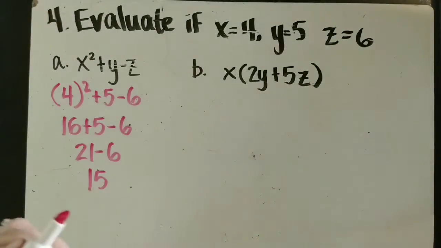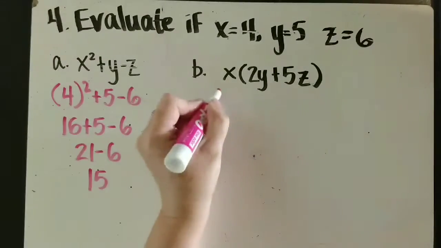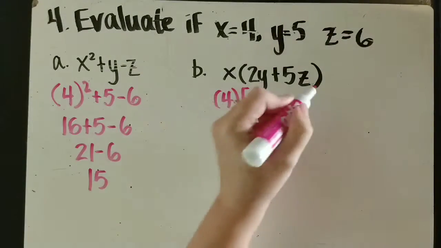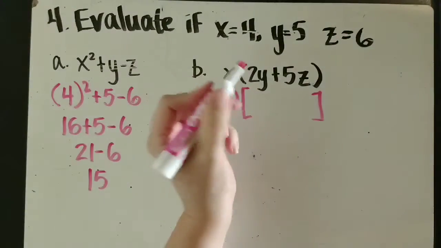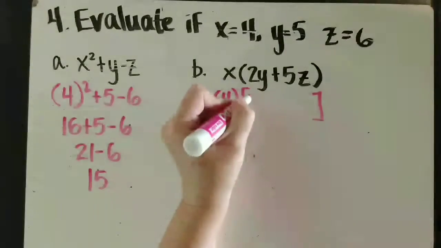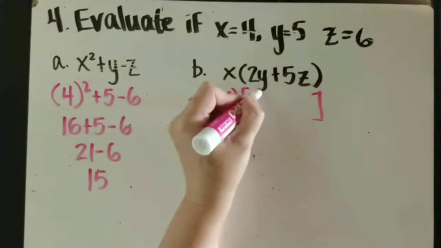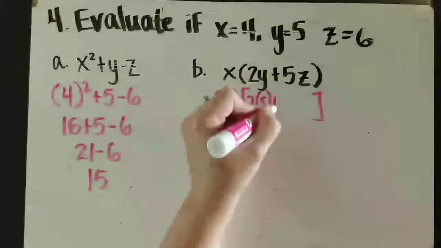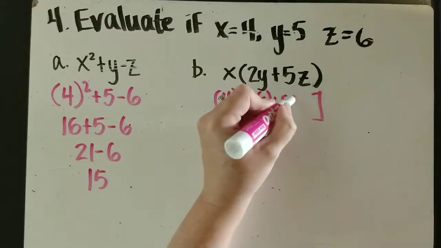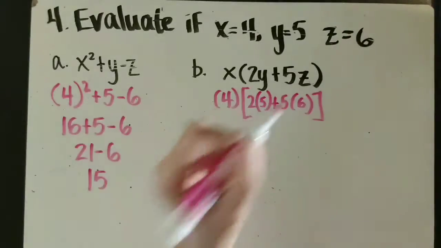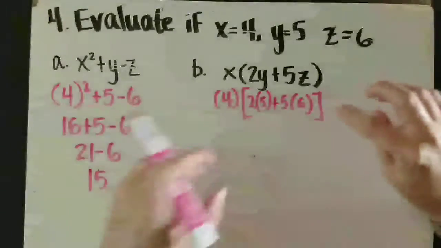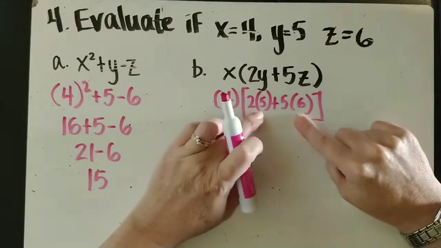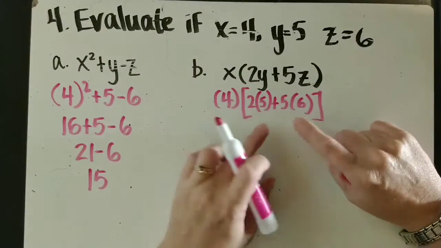When you substitute, x becomes 4. And I'm going to make this brackets so we don't get confused with all of the parentheses. 2, and substitute 5 for y, and 6 for z. Now I'm going to work inside my grouping symbols. We have multiplication and addition.